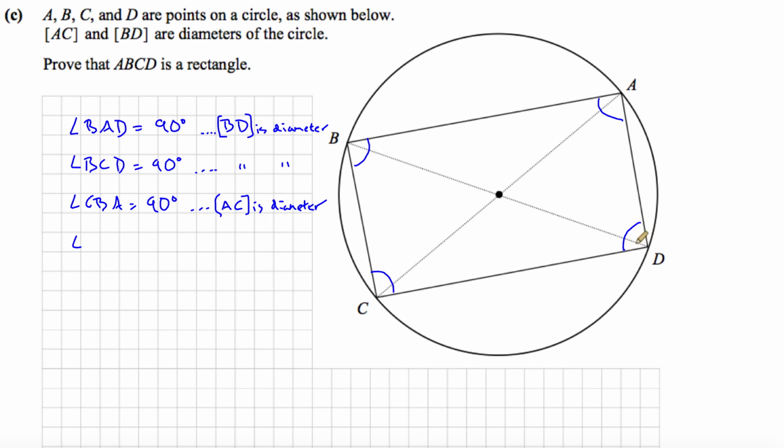This angle here would be CDA, and again for the same reason. So we've proved that the four angles are 90 degrees. You can say that therefore ABCD is a rectangle. So that's the end of part C and the end of question 4.